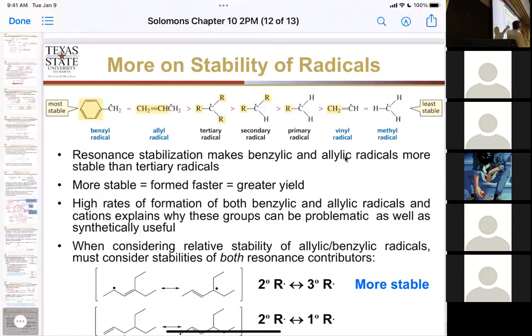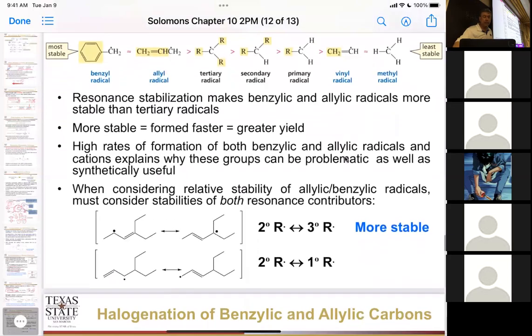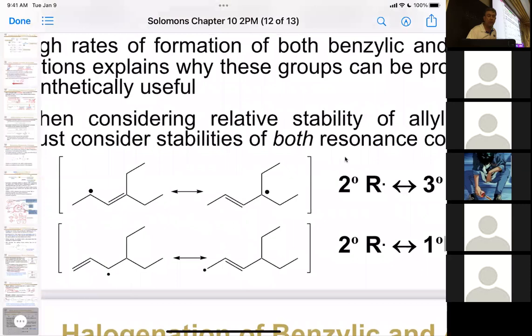Because they're more stable, they're formed faster, because the barrier is less. And because they are formed faster, you get a greater yield. Now, let's consider if you have them in a different part, where your different radicals are going to be.